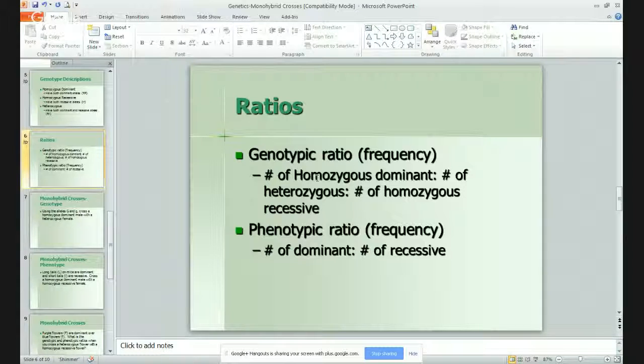Like I said, they're not too terribly difficult. It's just getting used to this vocabulary. As long as you have the vocabulary down, when we plug them into the genetics problems tomorrow, they'll make a little bit more sense. But for now, even if the definitions are still a little confusing, give it a little bit of time. Let's work on some problems tomorrow.